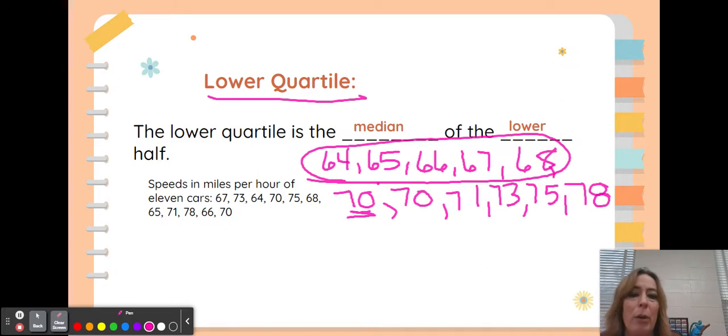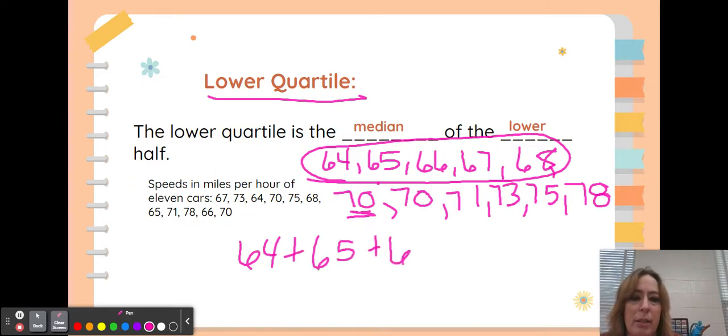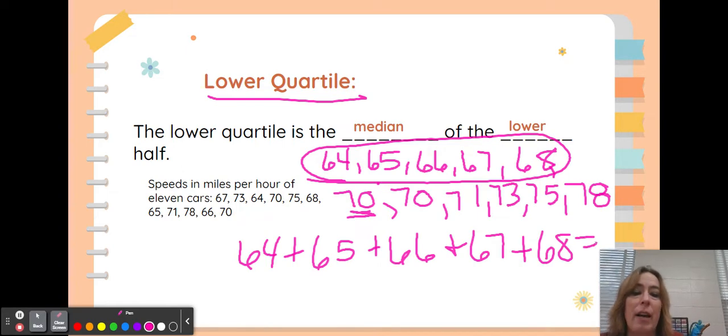To find the median, I'm going to add 64 plus 65 plus 66 plus 67 plus 68. Once I get that answer, then I'm going to divide my answer by 2.